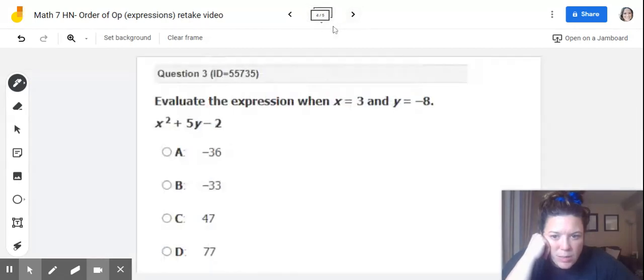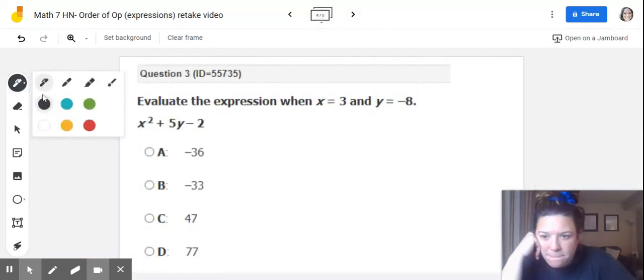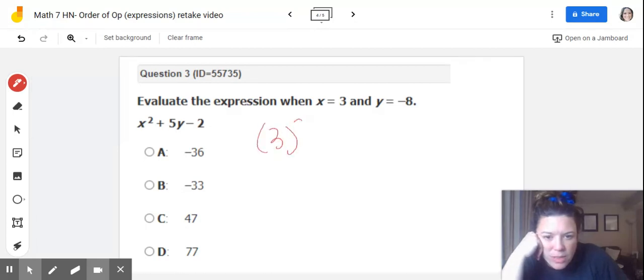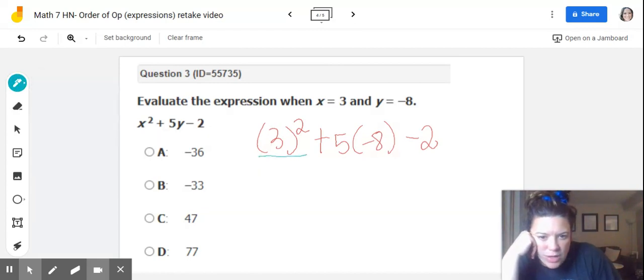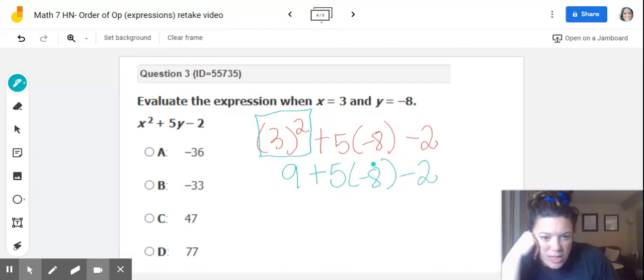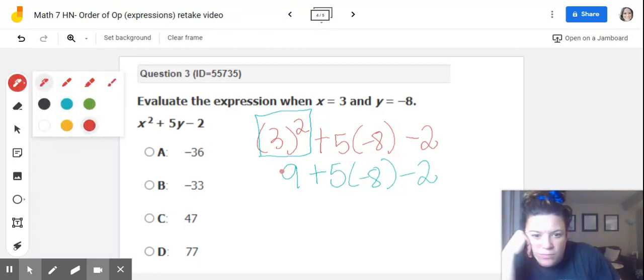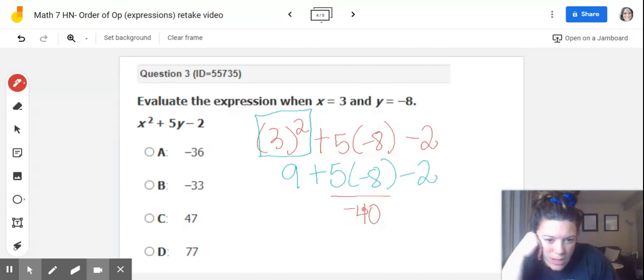Okay, number 3. All right, x equals 3, so I'm going to put a 3 for the x plus 5 times -8 for the y minus 2. There are no grouping symbols to solve. There's nothing to do. So I'm going to do my exponents. 3 times 3 is 9. Then I'm going to do multiplication. 5 times -8 is -40.